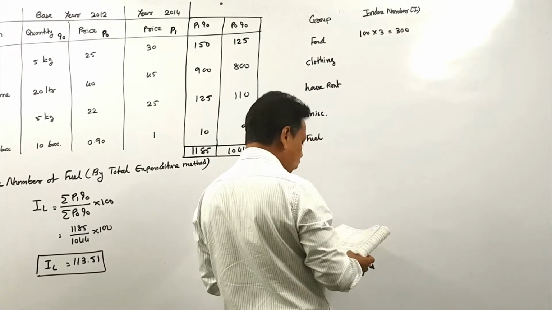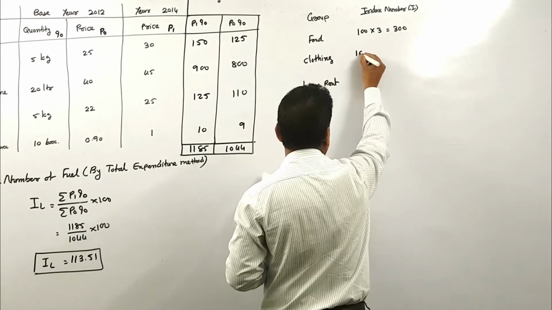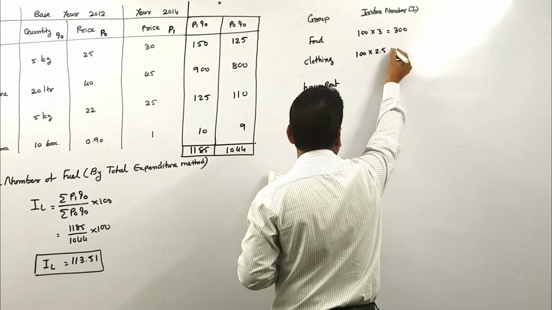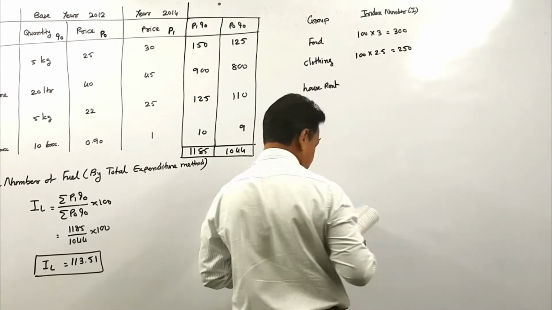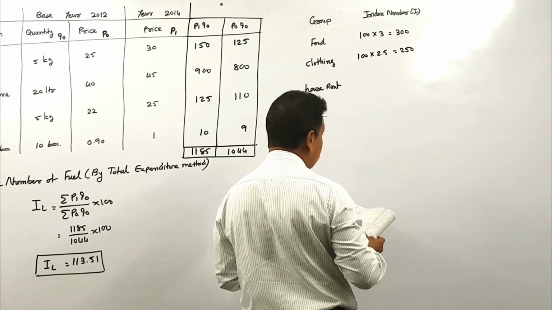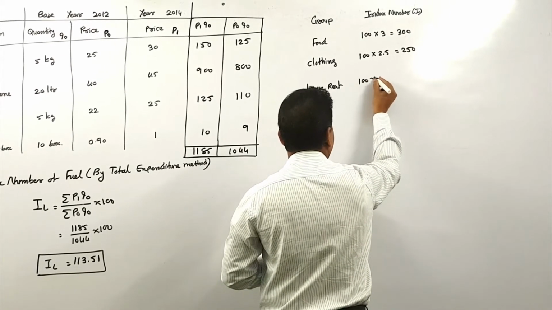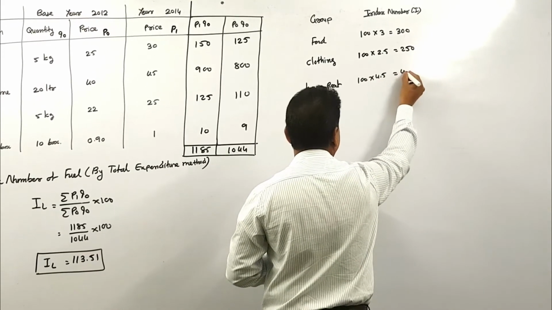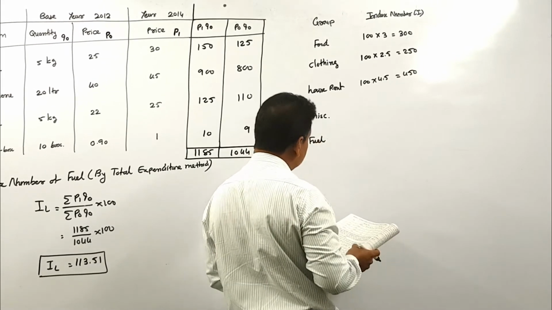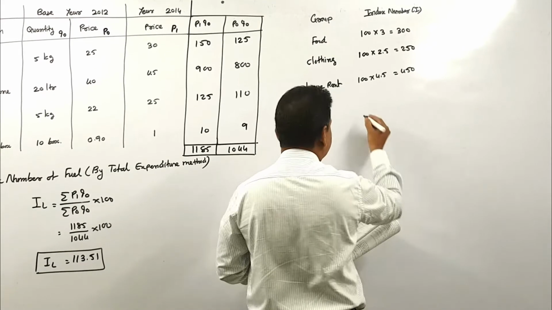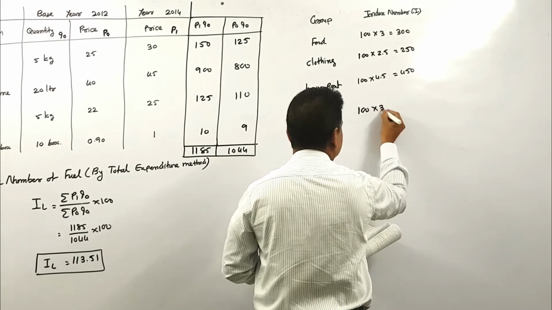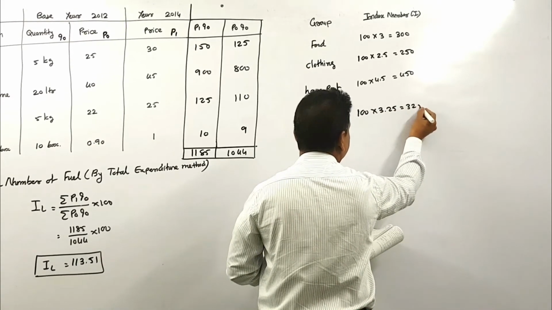Then for clothing it is 2.5 times, so 100 into 2.5 is 250. For house rent it is 4.5 times, so 100 into 4.5 is 450. For miscellaneous it is 3.25 times, so 100 into 3.25 is 325.